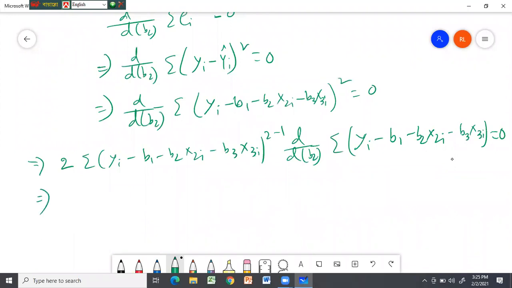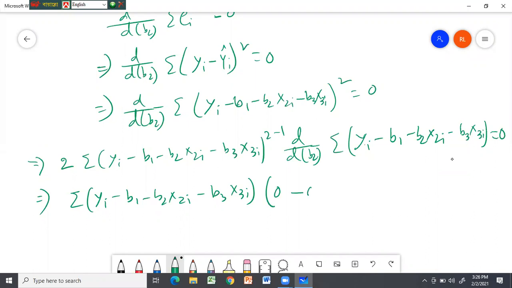And the rest portion is 2 has been crossed with 0, so you have differentiating with respect to b2 in the inside function. So you have yi, b1 and b3 x3i, these all become constant, and for these the constants' differentiation is 0.